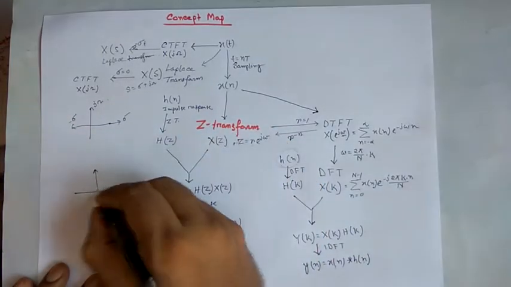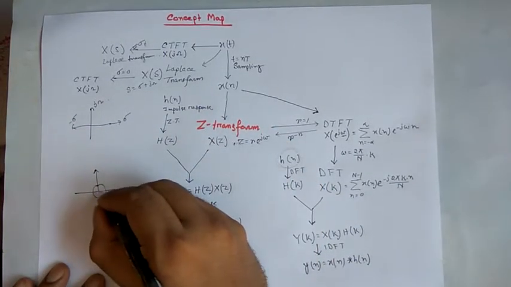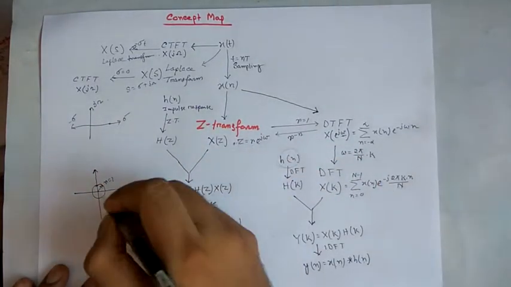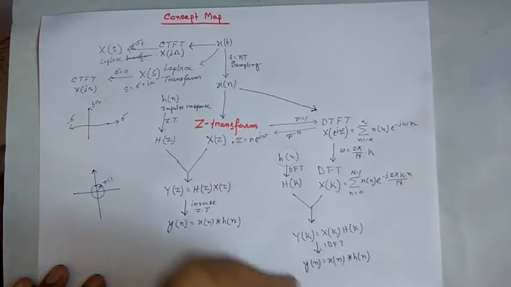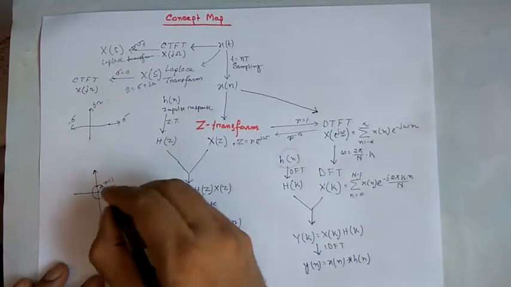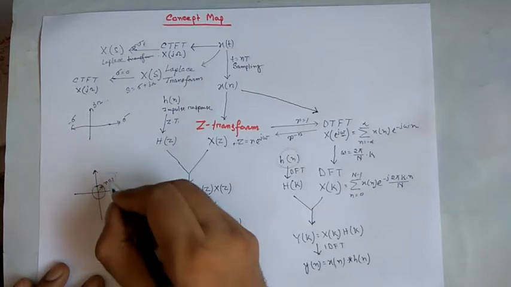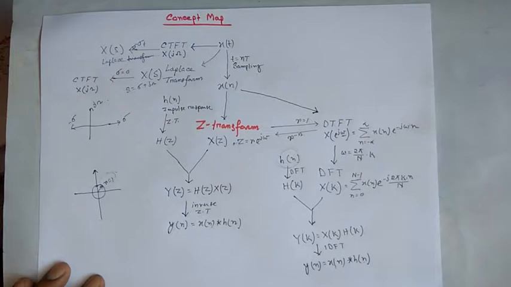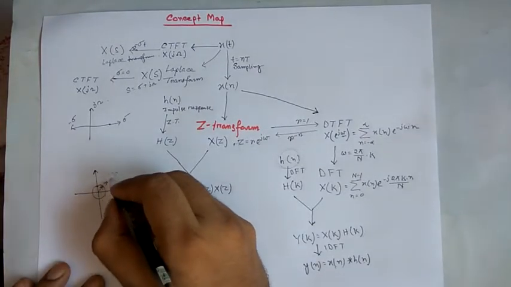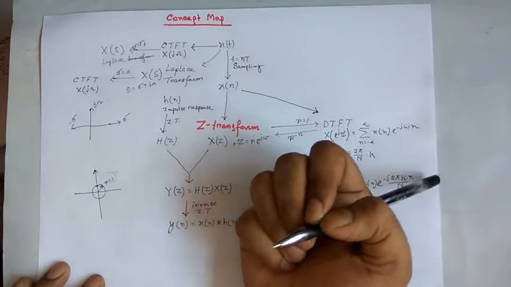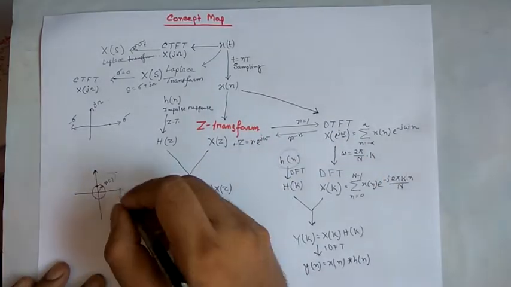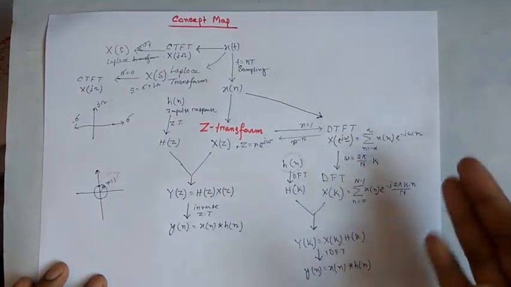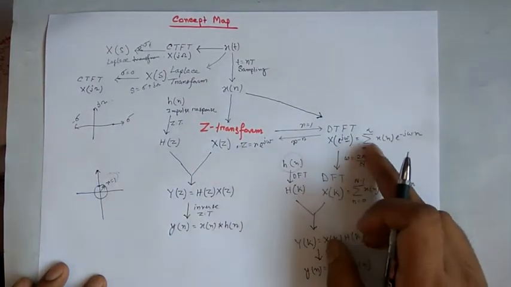In case of DTFT, the radius is limited to r equal to 1, and if we remove the restriction and go to the entire complex plane, then we will get a new transform, called Z transform. So if we put r equal to 1 in case of Z transform, then we will get DTFT.